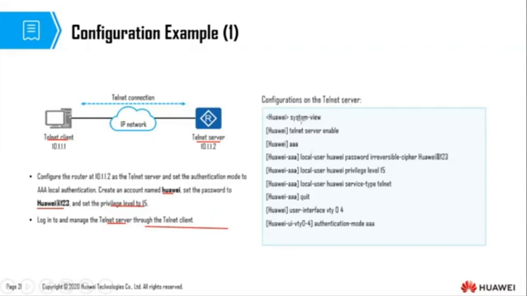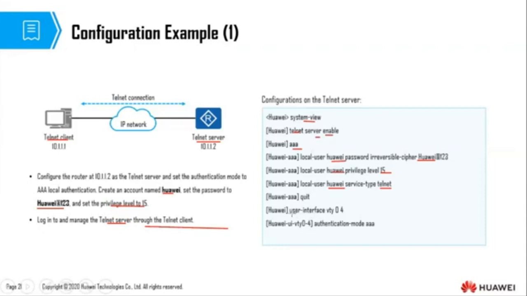On the telnet server, we get into the system view and enable the telnet server using the command telnet server enable. Then we go into AAA to create the user Huawei and the password. Then we configure the privilege level for the user Huawei. Then we enable Huawei to use telnet using the service type command.